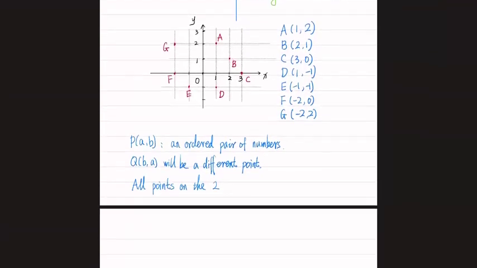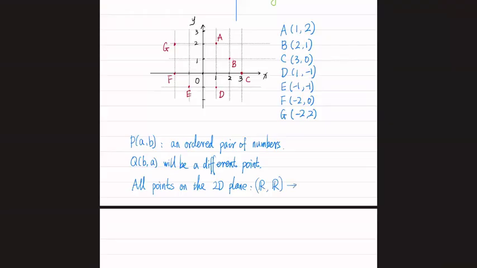So on the two-dimensional plane, the first coordinate is any real number and the second coordinate is any real number.